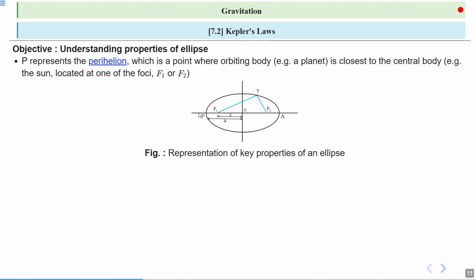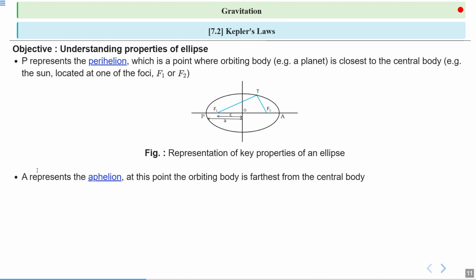This is the point where the orbiting body such as a planet is closest to the central body like the Sun. A represents the aphelion. At this point, the orbiting body is furthest from the central body.